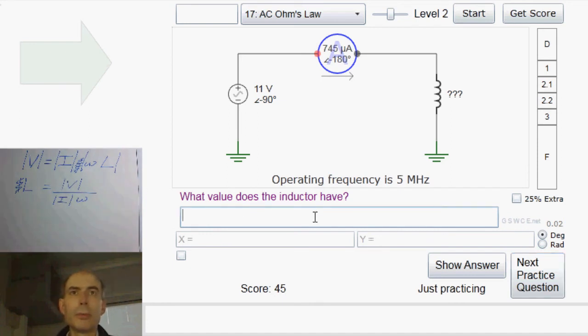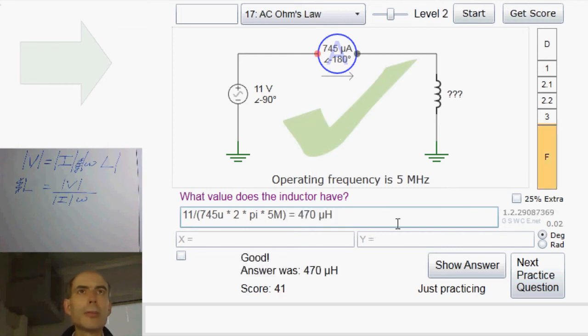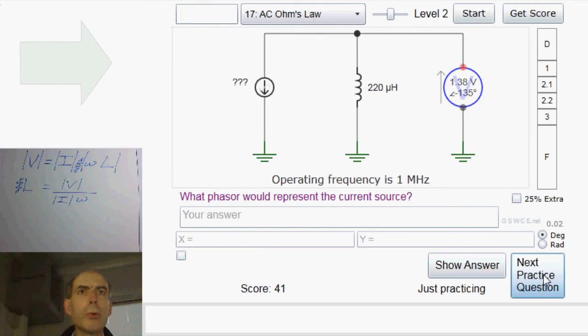So that would be, the voltage is 11 divided by the magnitude of the current, 745 microamps, times 2 times pi times 5 megahertz, because that's the current operating frequency. So that's my inductance. Great. Just do one more.